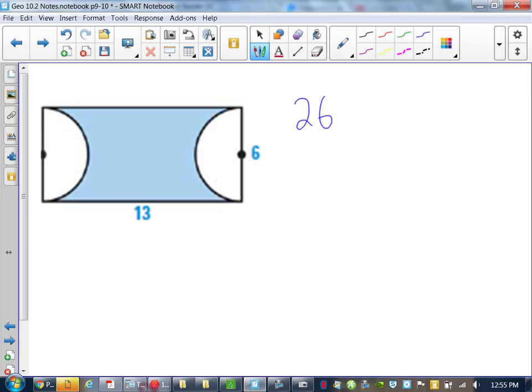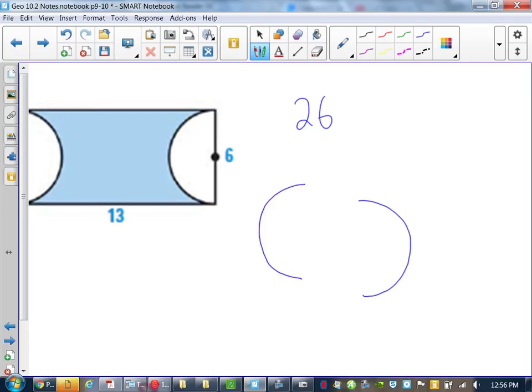The next thing is that you have to figure out how to count the curves. Well, the curves, if you look at it, there are two of them. The two curves create a circle.